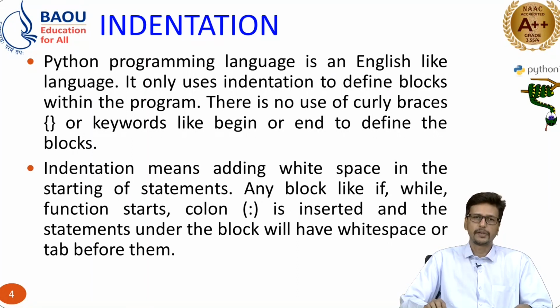In procedural languages you have already seen that you can start your code with begin or end keywords, but here also there is no provision for keywords to start or end a block. So whenever you leave some spaces or indentation, the Python compiler will understand that the code is in the block of a particular function or control structure.